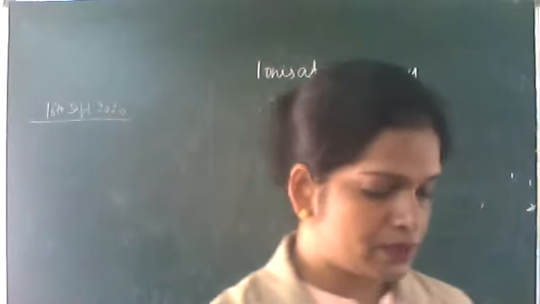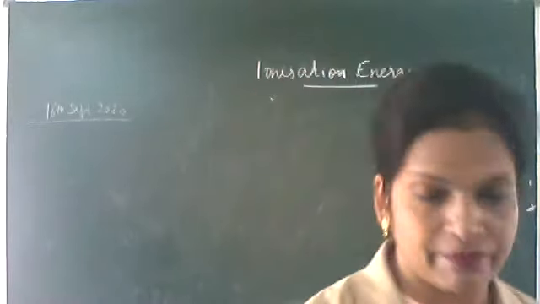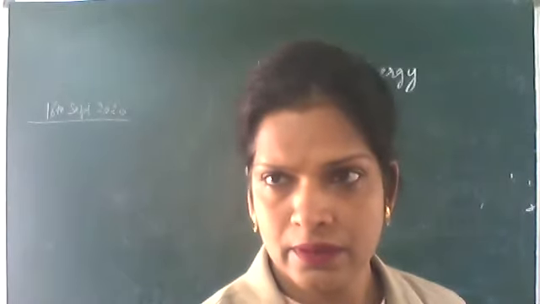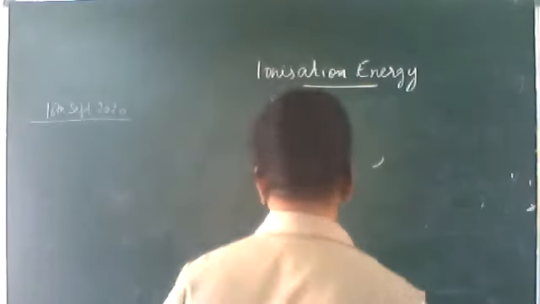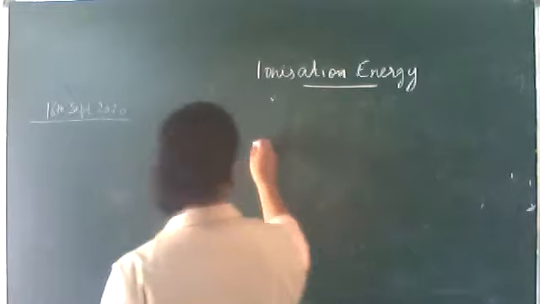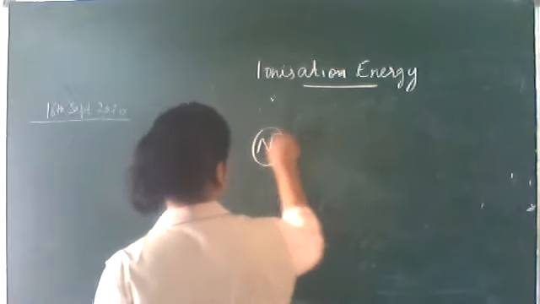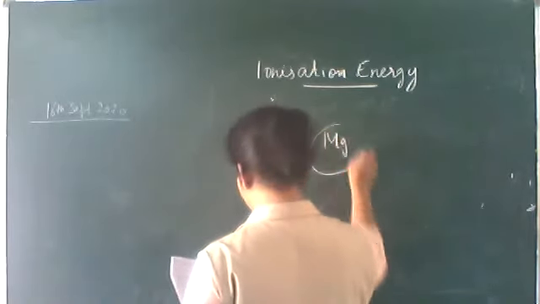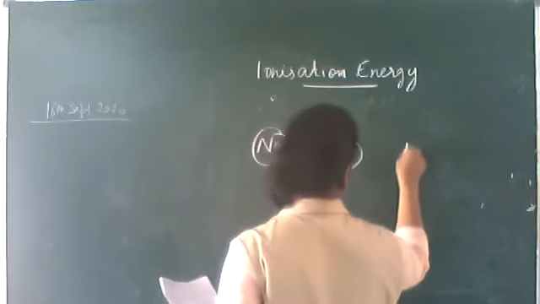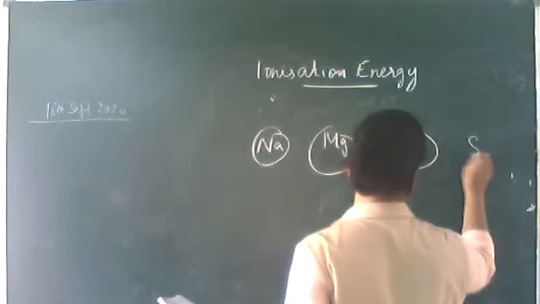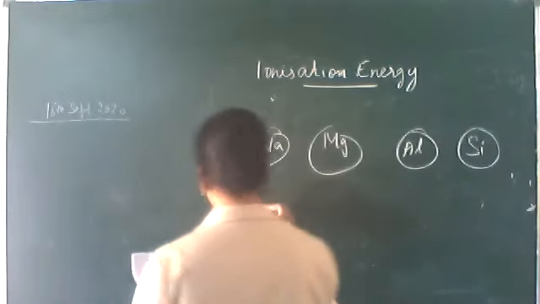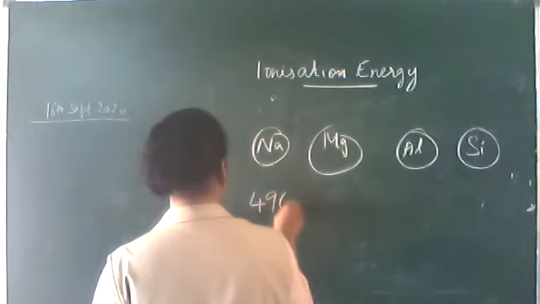Let's write one question. The first ionization enthalpy values of third period elements, that is sodium, magnesium, aluminium, and silicon.